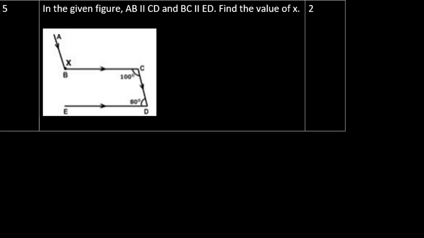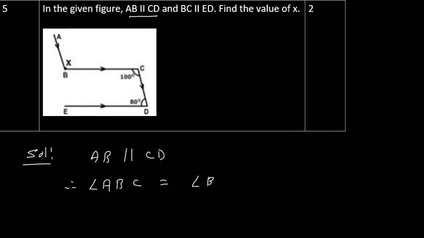In the given figure, AB is parallel to CD. So you can see AB and CD, they are parallel, and BC is parallel to ED. We have to find the value x. Now here in solution, AB is parallel to CD. So therefore I can say that this angle ABC will be equal to angle BCD.